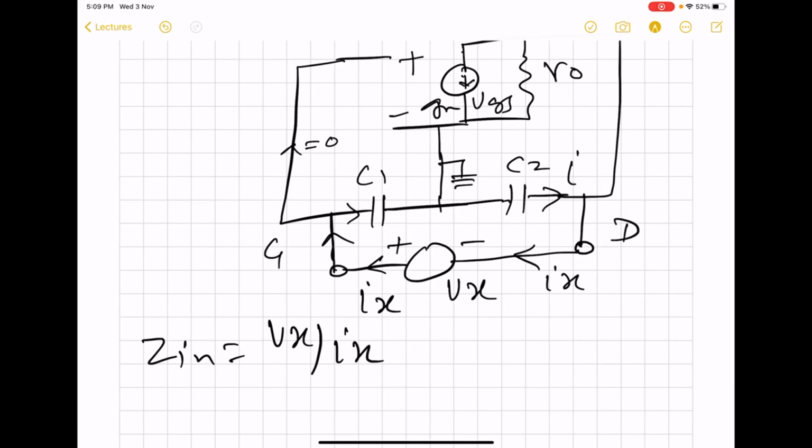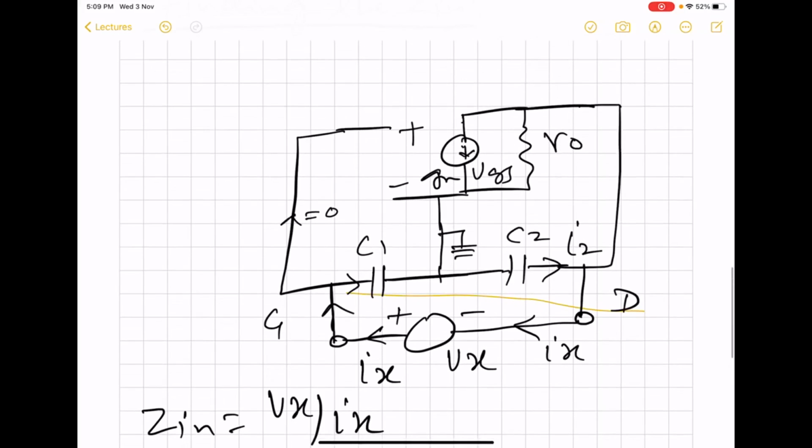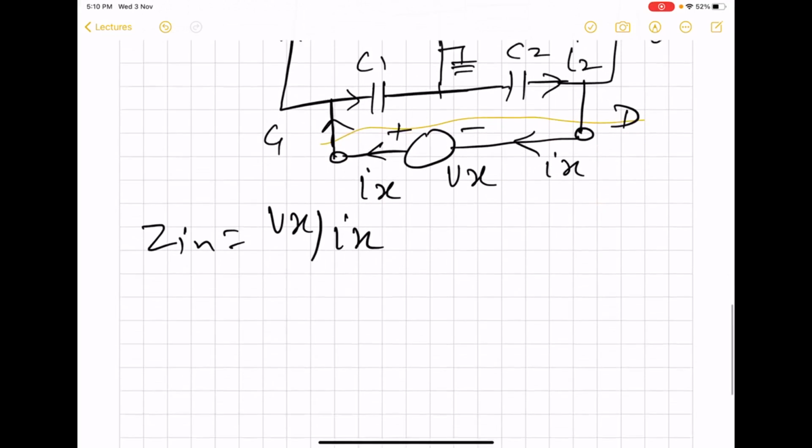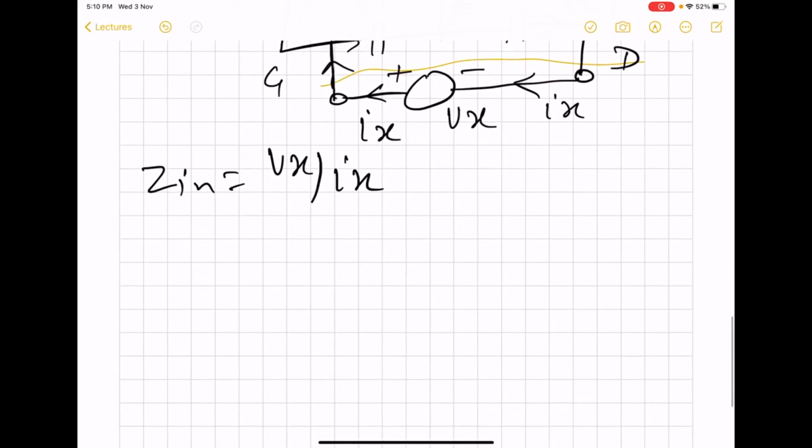And then we will have a certain current here, I2. And then there will be another current I0 flowing into the drain of the MOS. So now we are going to set up the equations for finding out Zin.